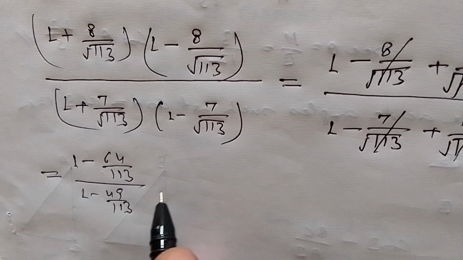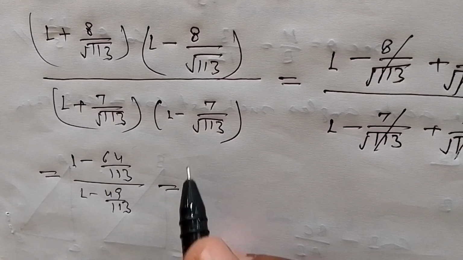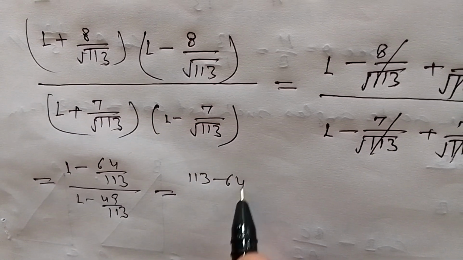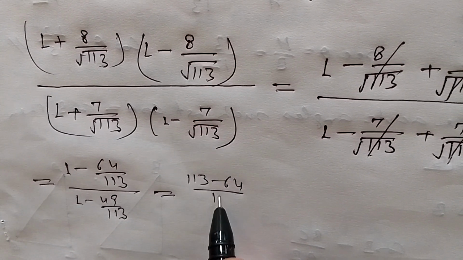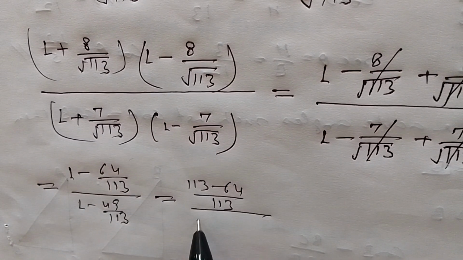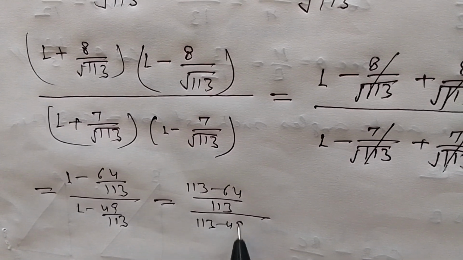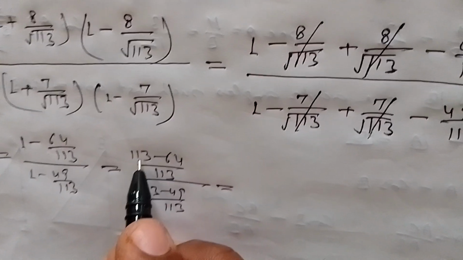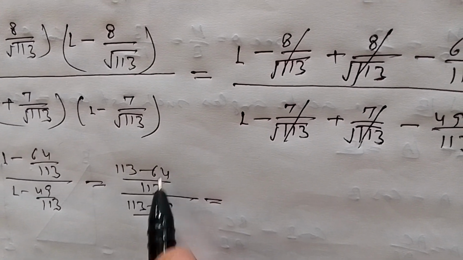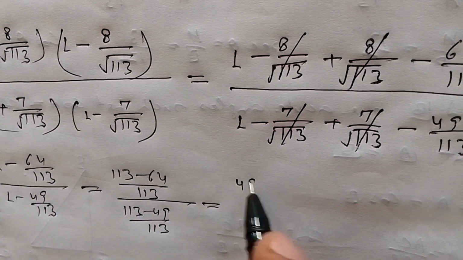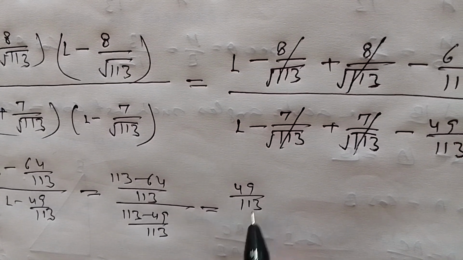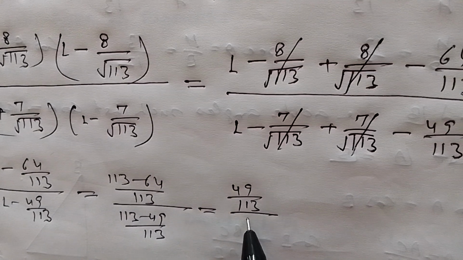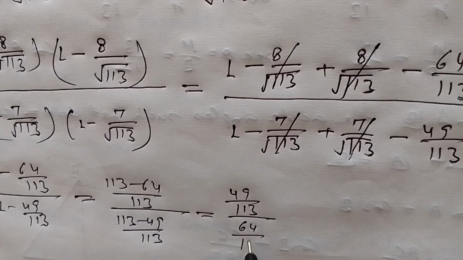On further simplification we will get (113 minus 64) divided by 113, divided by (113 minus 49) divided by 113. 113 minus 64 comes out to 49 divided by 113, and 113 minus 49 comes out to be 64 divided by 113.